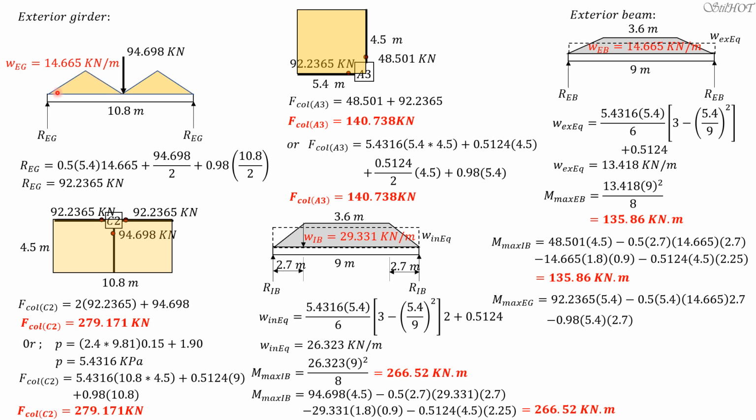Then minus the moment of this triangular load. The moment arm is 2.7 because this is an isosceles triangular loading.